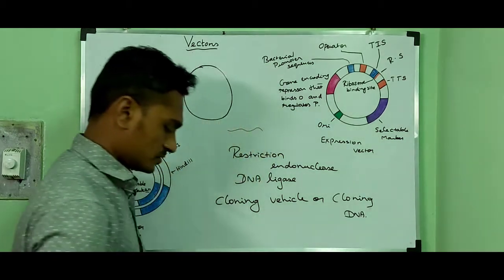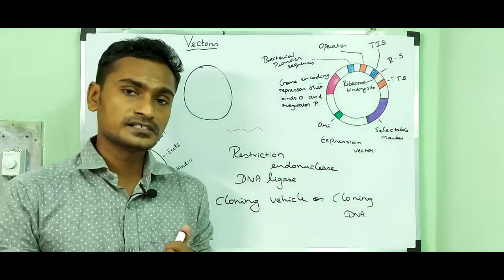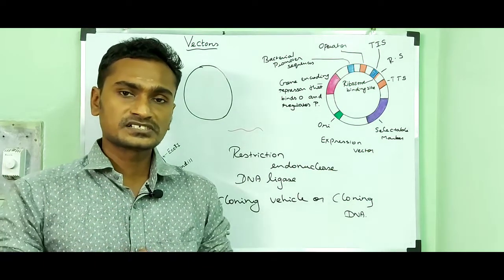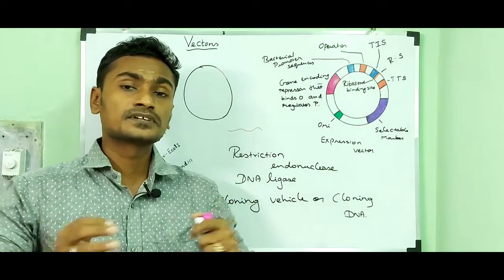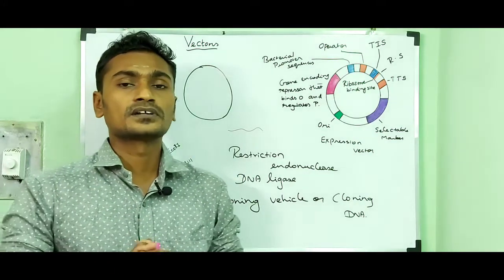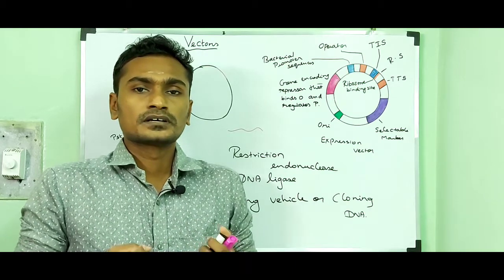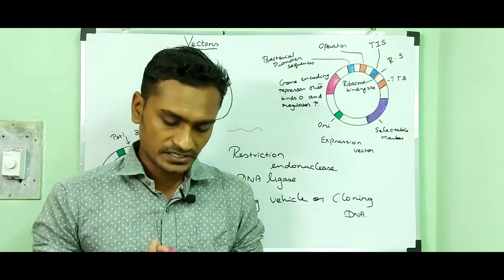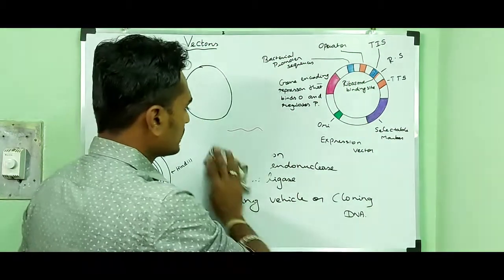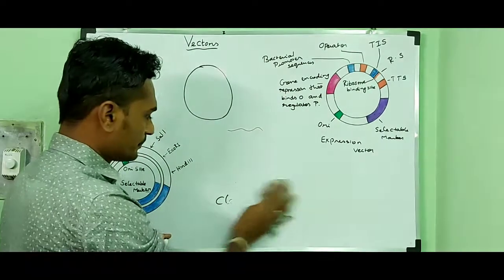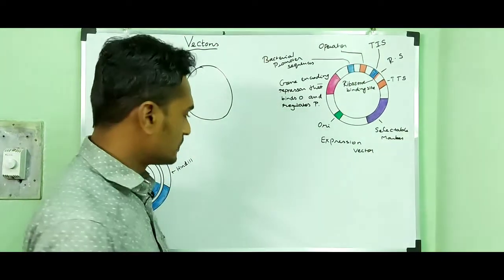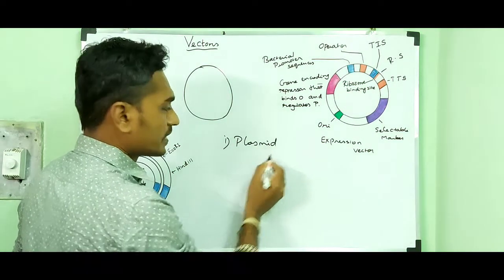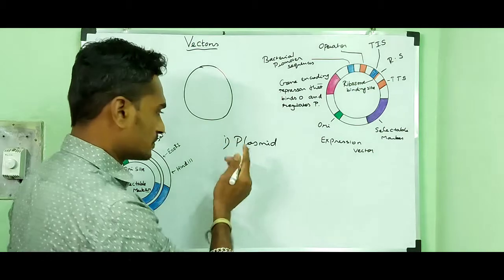So a vector can be defined as a DNA molecule which can carry a foreign gene or gene of interest into the host cell, and it can self-replicate inside the host cell for getting more number of recombinant DNA or gene of interest. Then the vector may be a plasmid, extra chromosomal material which is present in the bacteria.